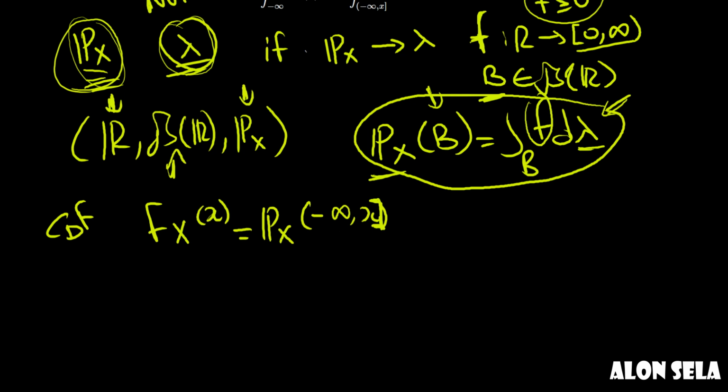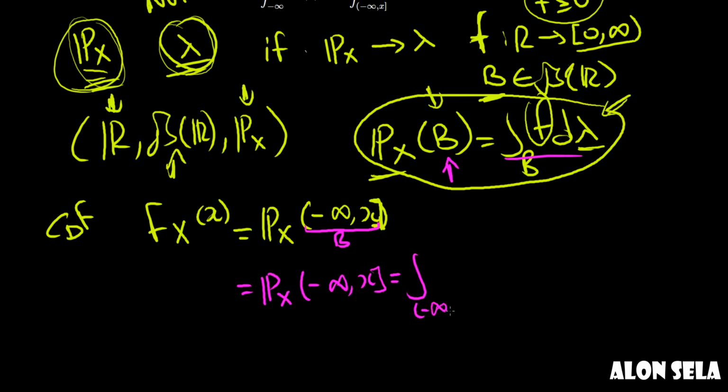So if I'm calling, let's also switch colors. So if I'm calling this Borel set B, we can substitute it here, and we get that according to the Radon-Nikodym theorem, we can calculate this probability of this set minus infinity to x by the Lebesgue integral over this set, with some function f d lambda.